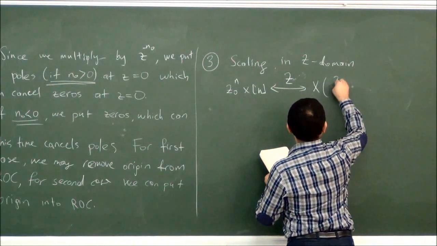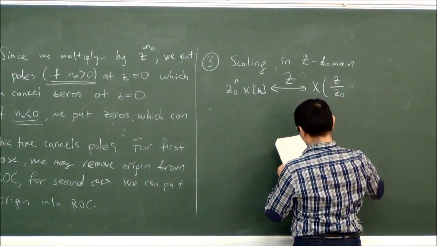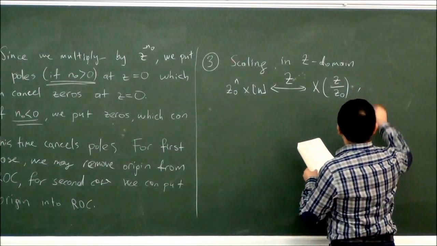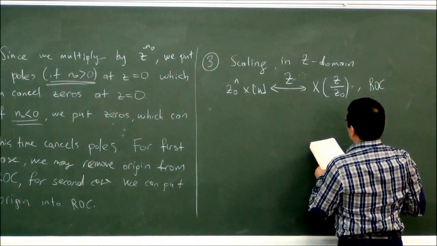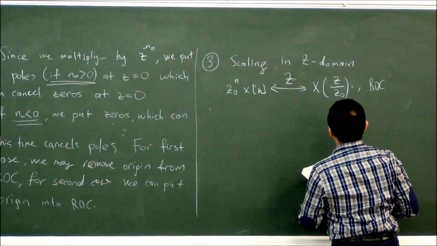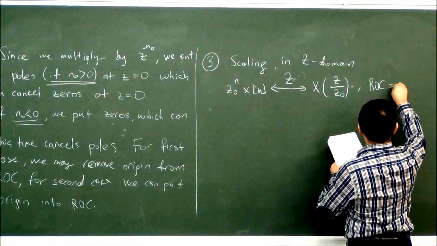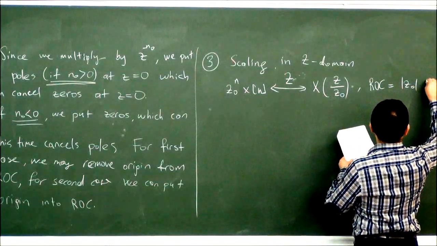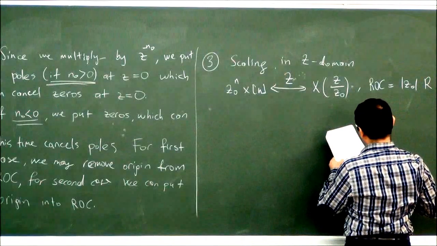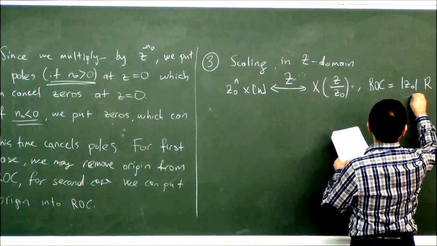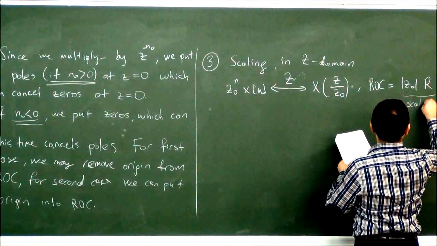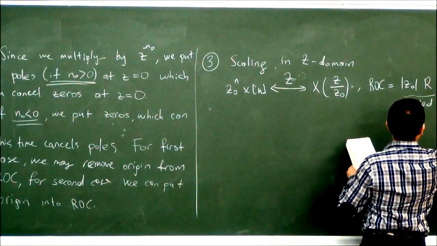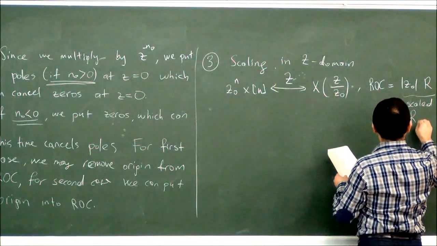It's X of z over z0. So how is the region of convergence affected by this operation? In this case, the region of convergence is the magnitude of z0 times R. So this is a scaled version of the previous region of convergence R.